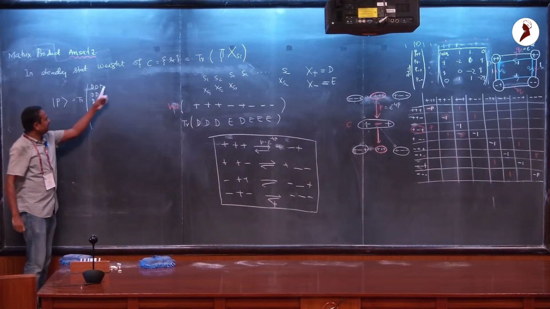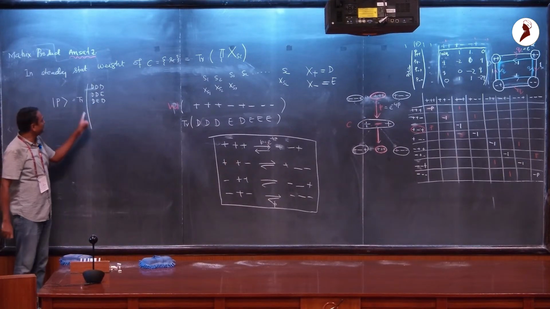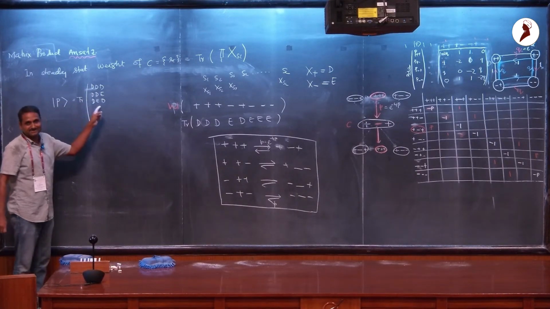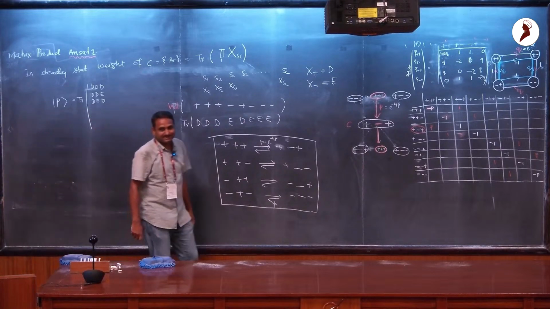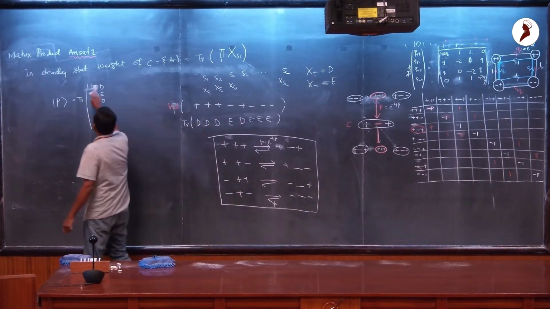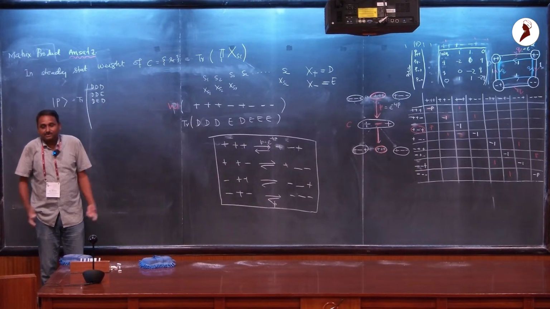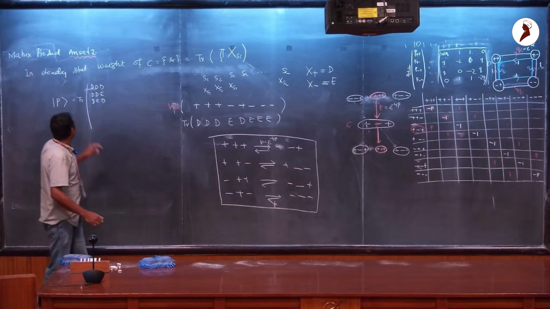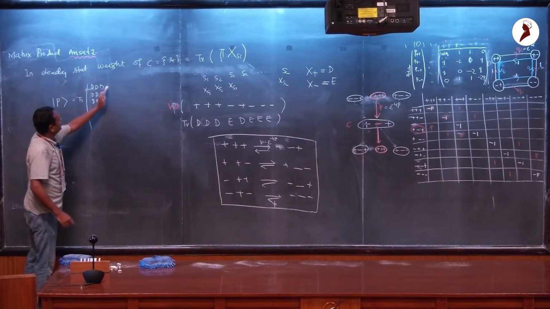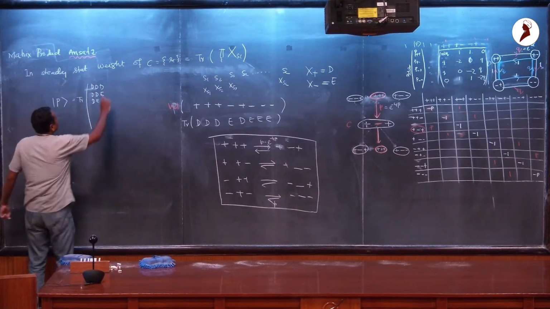So trace of a vector, by notation I am using trace of this. I just don't want to write this. Okay? So this is my notation. So this is trace of this. Each of them is a number, right? I still don't know what is D and E. All I'm writing is the probability vector has to be written like that. Okay?